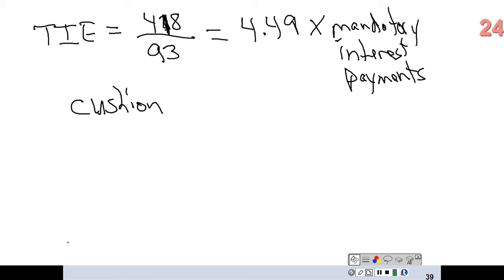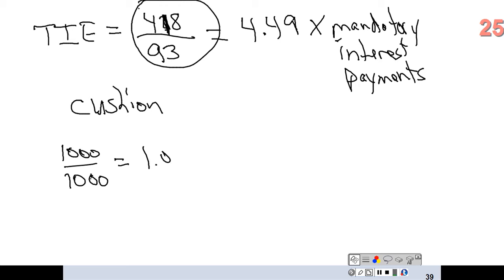Let's say, just making this number up, you have $1,000 in monthly expenses, and your take-home pay just happens to be $1,000. So right now your ratio is 1.0. You've got mandatory payments of $1,000 and income of $1,000. That's the same thing we're seeing up here.